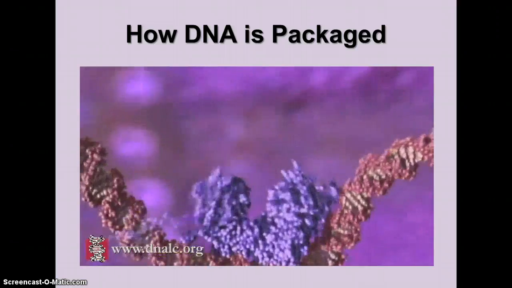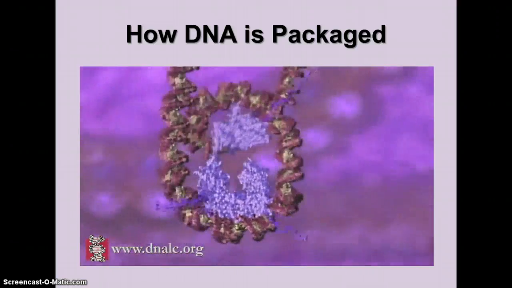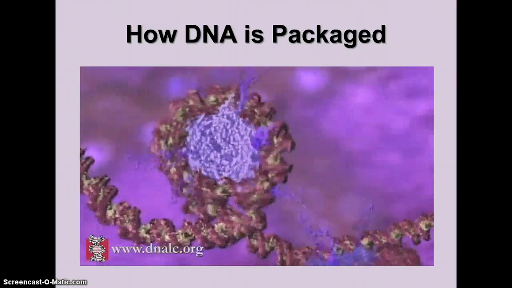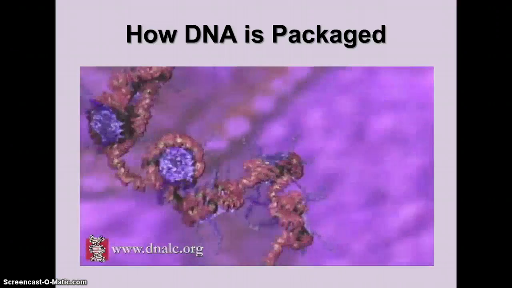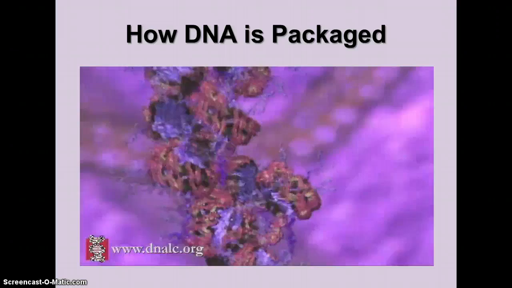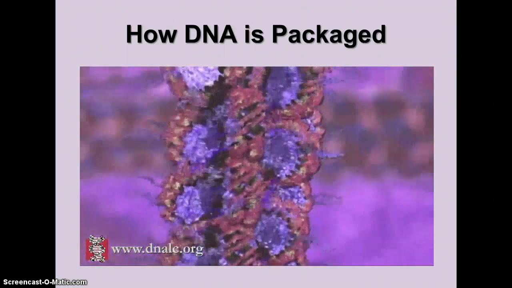The process starts when DNA is wrapped around special protein molecules called histones. The combined loop of DNA and protein is called a nucleosome. The nucleosomes are packaged into a thread known as chromatin.